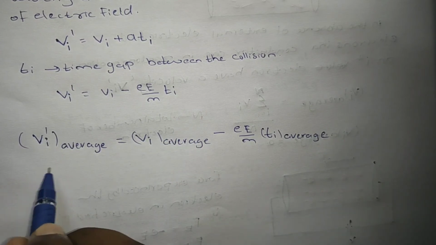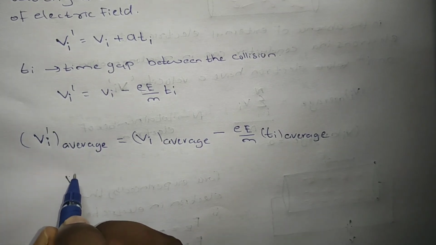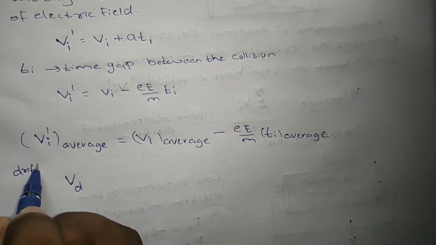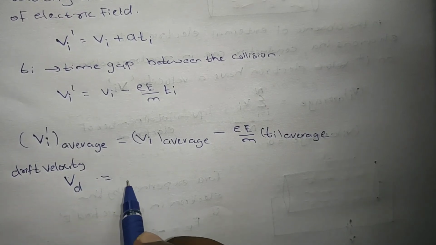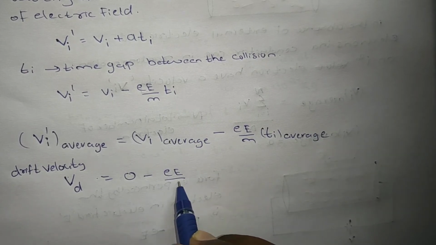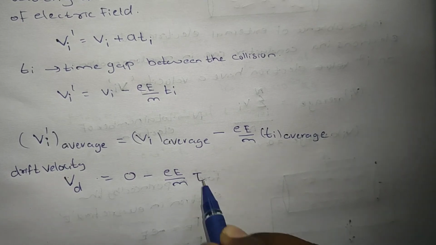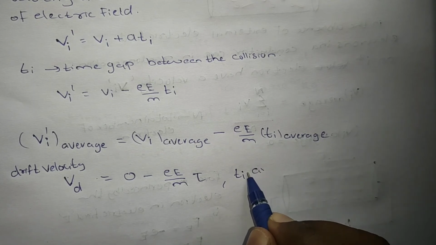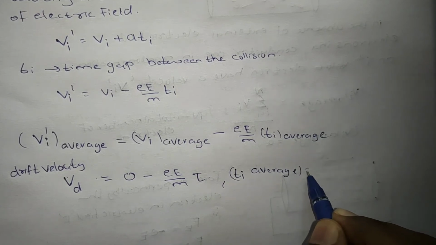So this average velocity we call the drift velocity, vd. Drift velocity vd is equal to 0 minus E by m times the average of ti. This ti average we call tau.